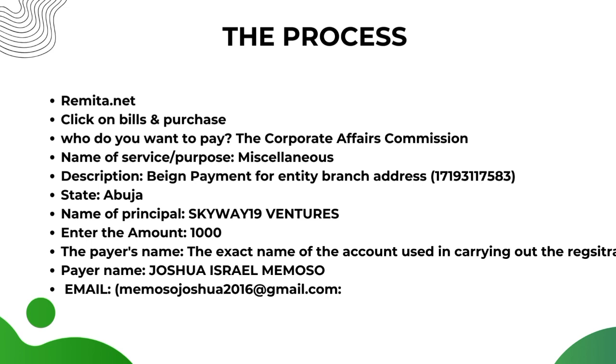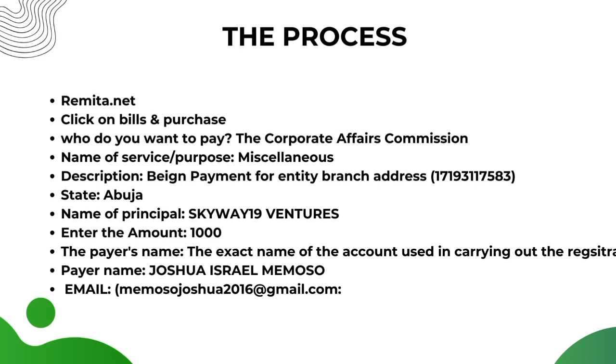So the state part is Abuja. Of course, it's not the state where the business is located. It is CAC, the state of CAC, and the head office is Abuja. So leave that as default as Abuja. Name of principal, that is the name of the business, either limited or the business name you are trying to resolve this query for.